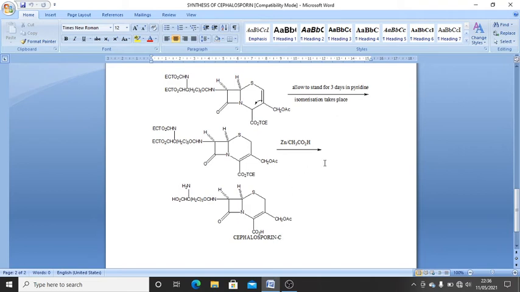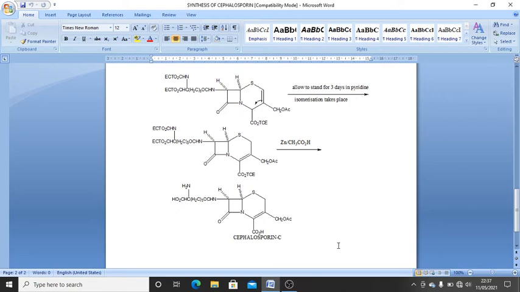Zinc in acetic acid will act as a deprotecting agent so that all this protective group will be lost and I get an NH2 and a carboxylic group, so that I will be getting a cephalosporin. So this is the brief synthesis of cephalosporin.